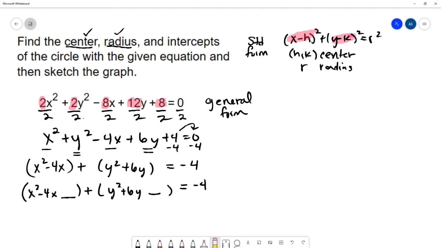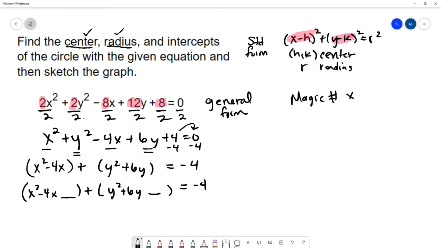With completing the square, we're going to figure out what that extra term is that we're going to add. I like to call that extra term the magic number. The magic number is what's going to make everything work out, make it look nice.